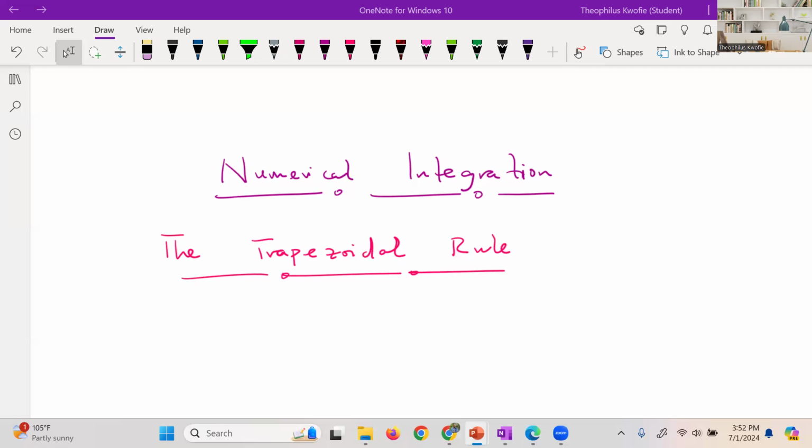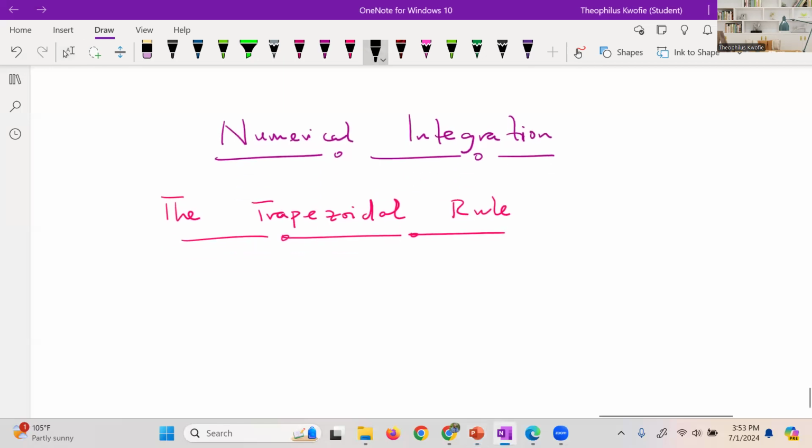What it does is take a trapezoid and draw it over each subinterval, just like the way we treated the midpoint rule and the Riemann sum. In a second, I will explain that so that you get it, and also how we are going to use the formula.